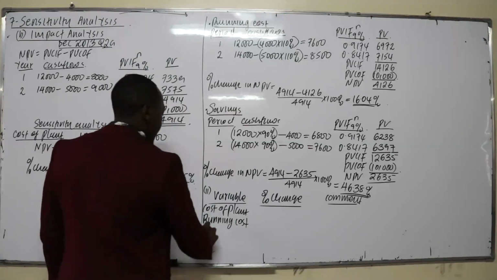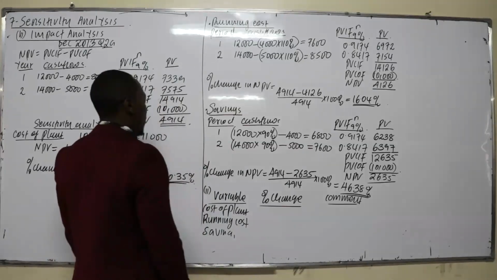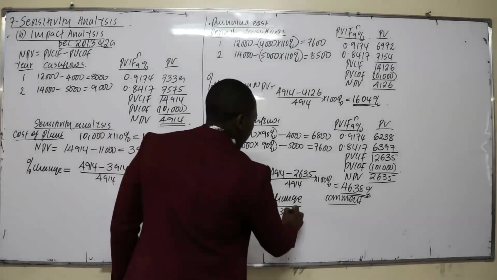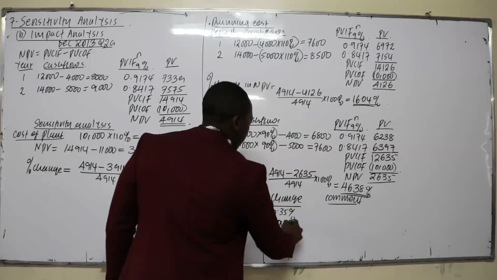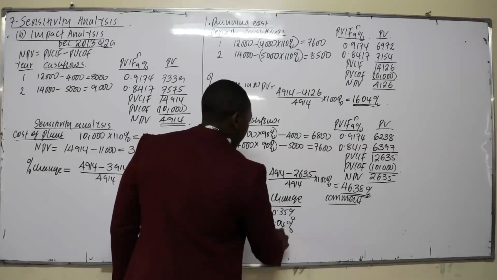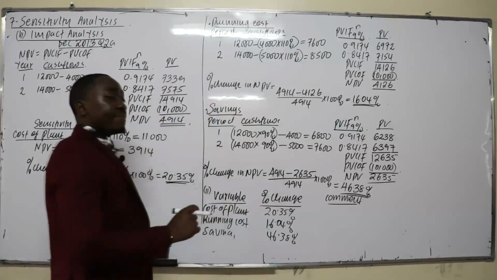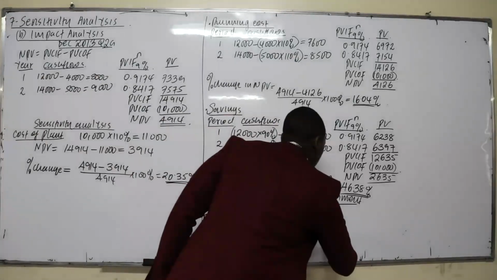And then we have savings. So for the cost of plant, we have 20.35. For running cost, 16.04%. Then we have 46.38 for savings. You'll see that for the impact analysis, the bigger the percentage change, the more sensitive the variable is. So savings is the most sensitive.